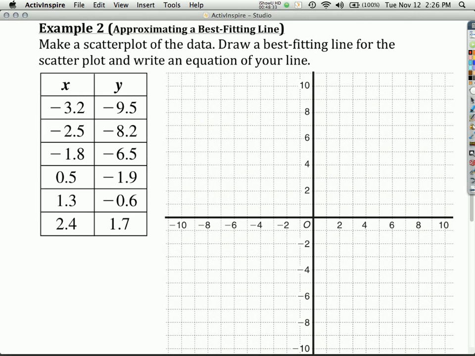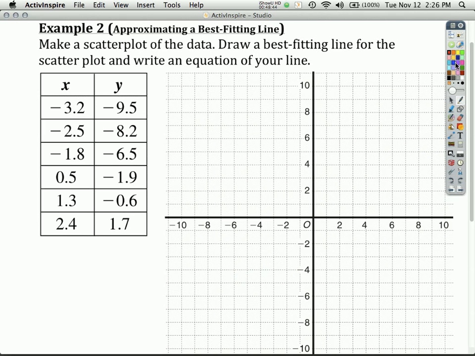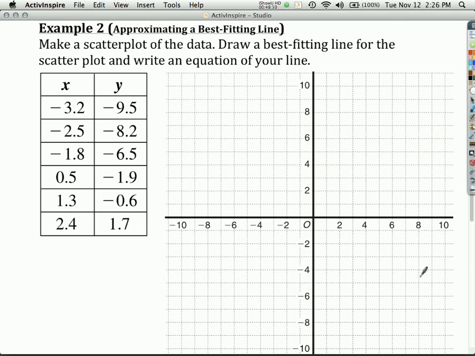Construct a scatter plot. So we need a full grid because our data points, some are negative, some are positive. And so now we need to plot all the data points. Our graph paper and our grids are going by ones, so we're going to have to do some basic estimation.